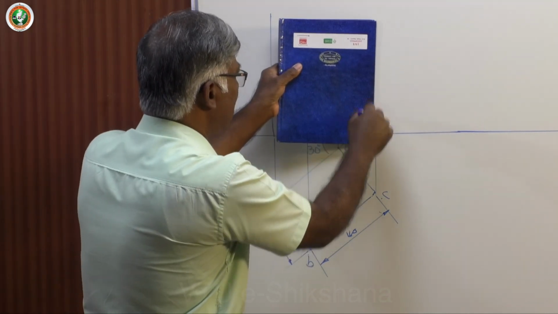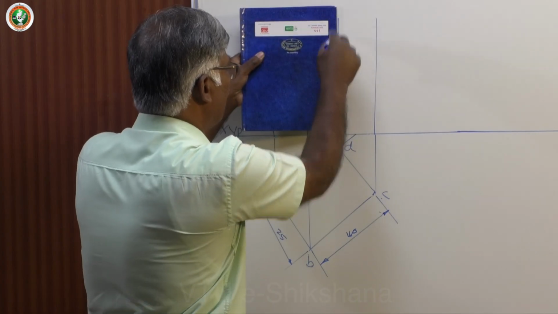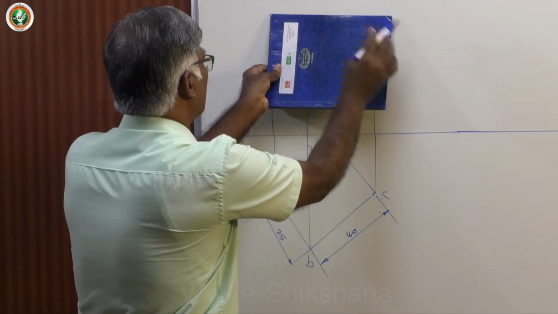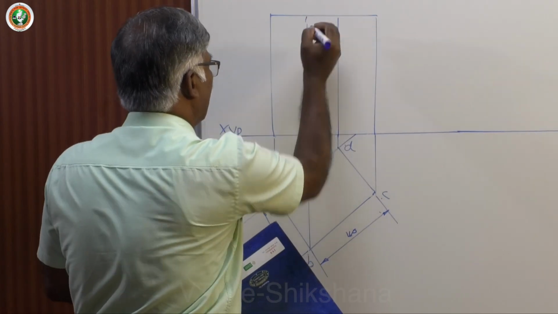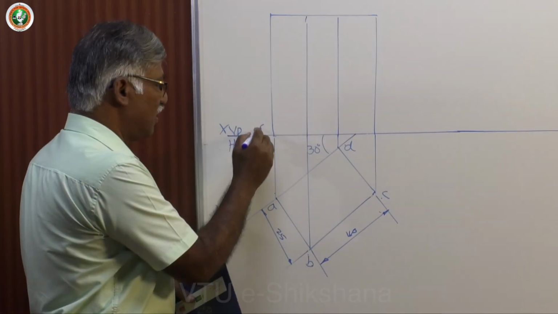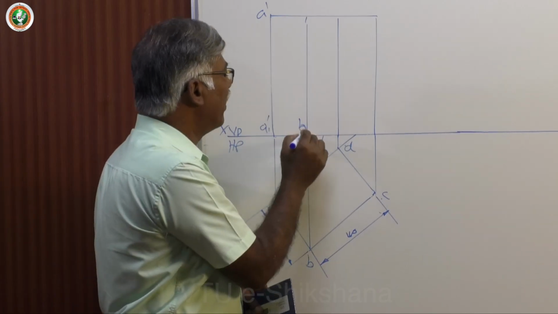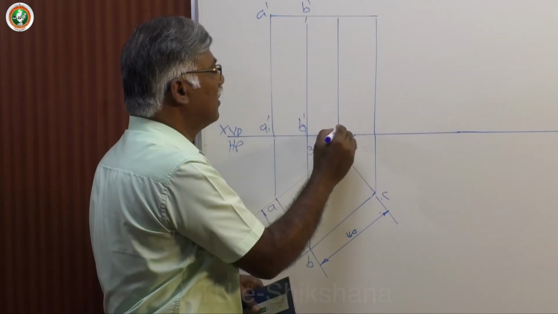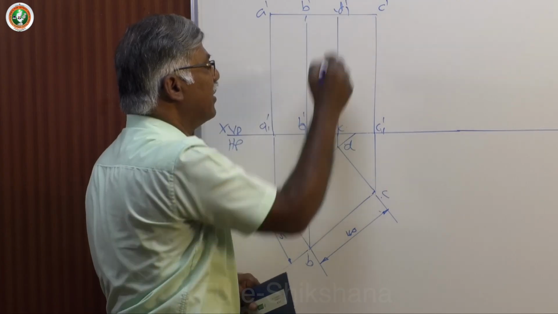All are light lines. Now let us decide which one is to be dark. Concept of visibility here. This is A1 dash, A dash, B1 dash, B dash, C1 dash, C dash, D1 dash, D dash.